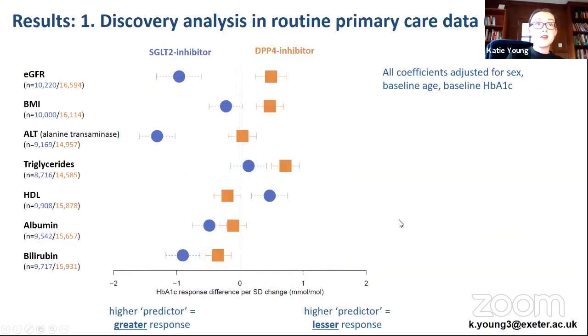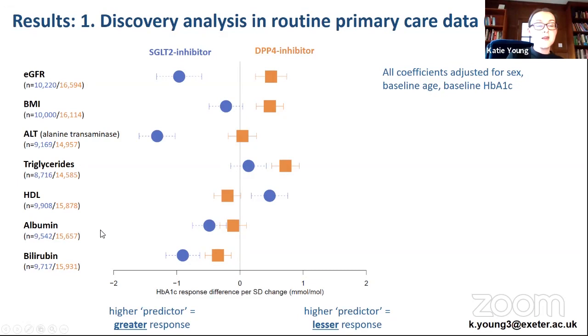So here I show the results from stage 1 of this process. On this plot, points on the left indicate that a higher level of this feature is associated with a better response to the medication, and on the right that a higher level of this feature is associated with a worse response to the medication.